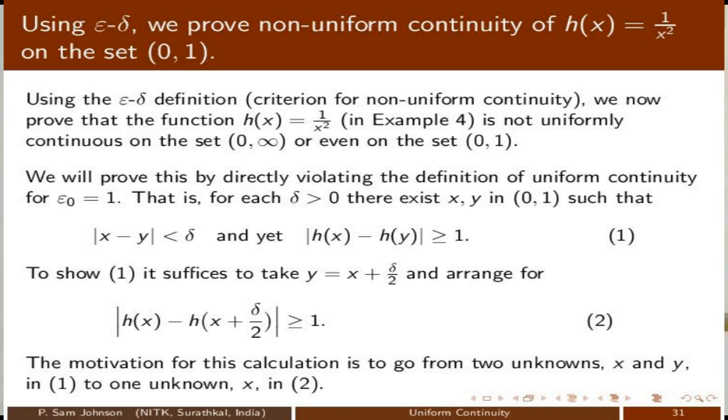For epsilon naught equal to 1, for any delta greater than 0, we can choose x as delta and y as delta plus delta by 2. These two points are depending on delta. If we calculate modulus of h(x) minus h(y), then by simple calculation one can show this quantity is greater than or equal to 1.